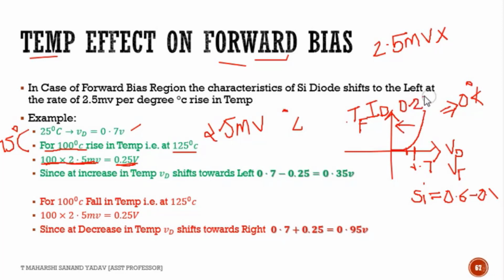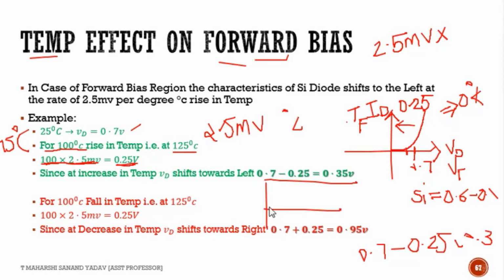That means there will be a decrease of 0.25 volt. Initially we get the graph at 0.7, right? Now because of this increase in temperature there is a left shift, so I'm subtracting. 0.7 minus 0.35 will give approximately 0.35. You can see it here. So now this graph I'll get at 0.3 or 0.4, 0.35 exactly if you want to be precise.